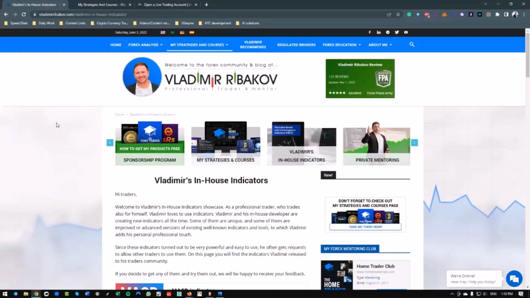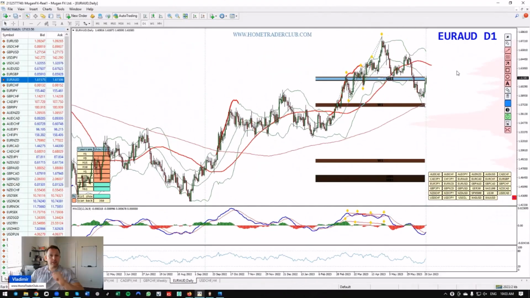And now let's talk about the technical conditions. What do we have? Starting from the daily chart, this pair is retesting the broken rising supportive line that now becomes a dynamic resistance. And besides that, we do have here also some sort of a corrective channel at the moment, which I'm not so confident it's over.